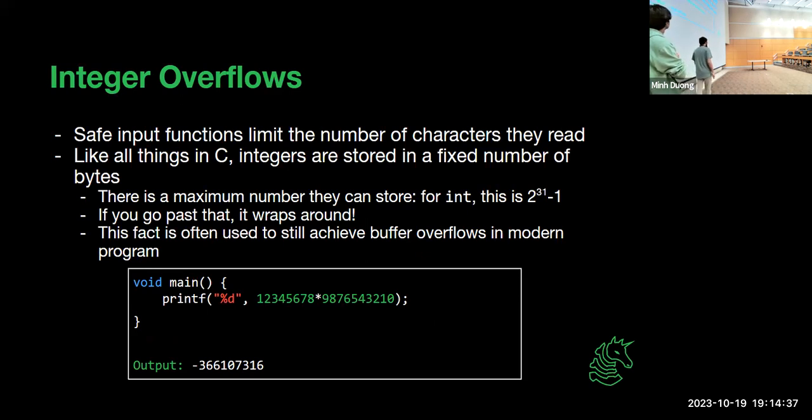There's also a similar idea of integer overflows. In the same way that you might overflow a buffer, you might also have the fact that integers are typed values and are interpreted as that type in assembly.